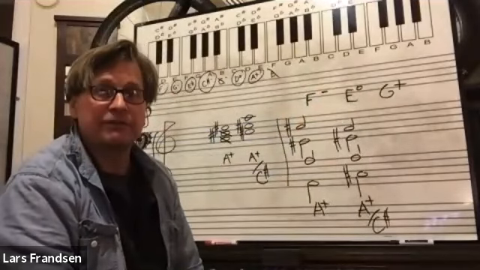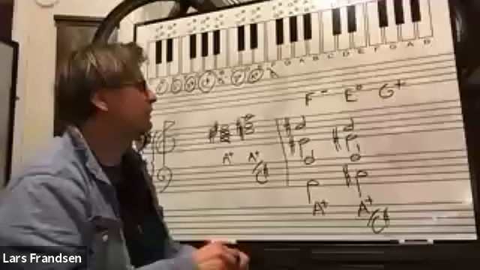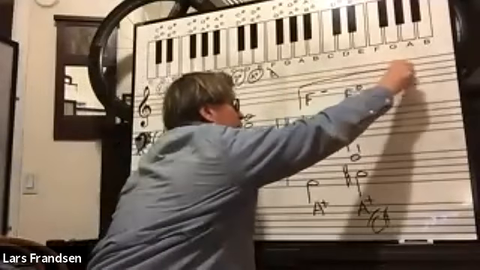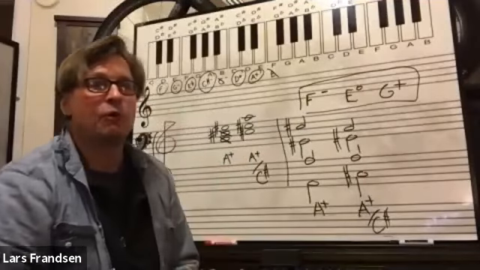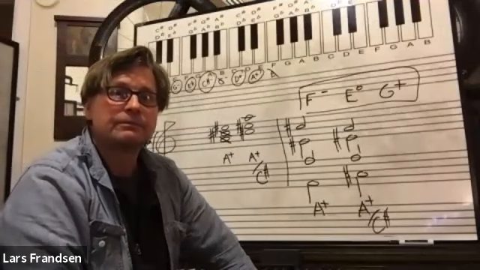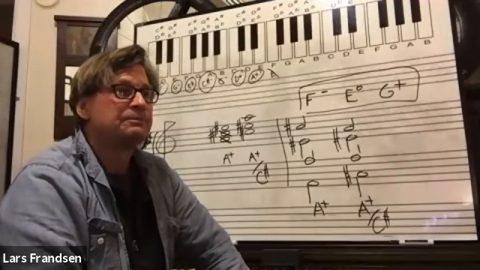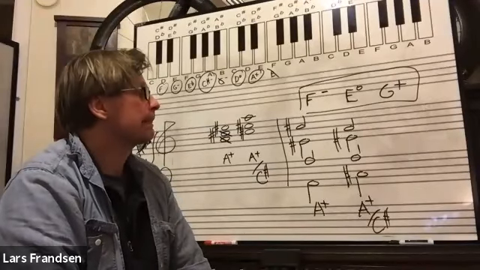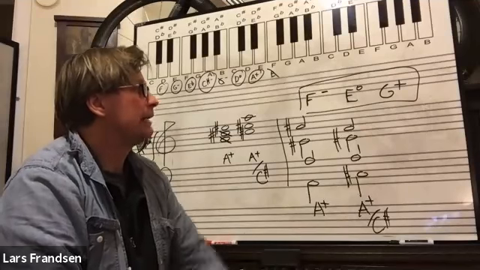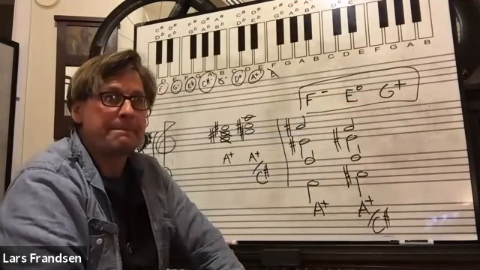Not much, but enough, right? Just do these 3 keys and do it the same way as I just did here. And then submit that sometime before next Monday. You understand that? Question: I can't really see, is that an E diminished or E sharp? Yeah, E diminished. And then G augmented, yeah?